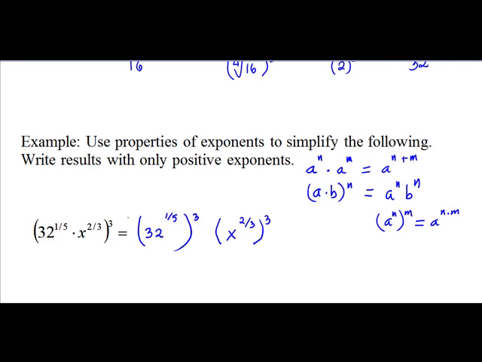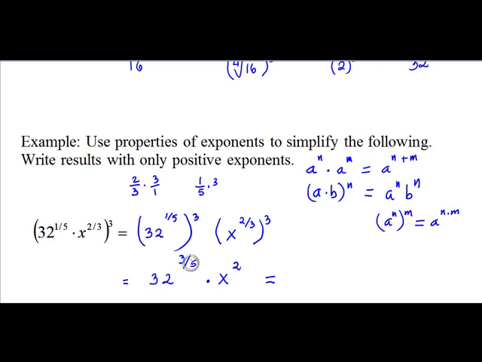So you take this 1/5 times 3, which means 3 over 5. And over here, you take 2 over 3 times 3, so the 3 here and the 3 here cancel out, so you have 2 left.